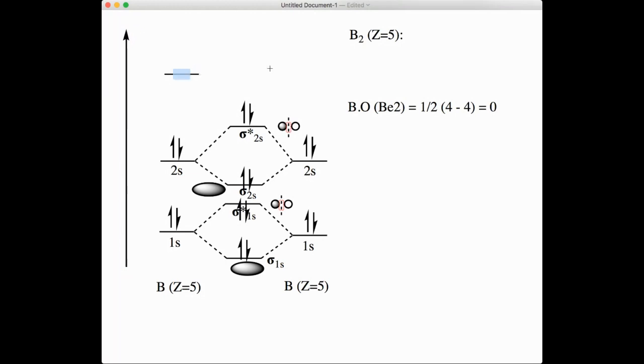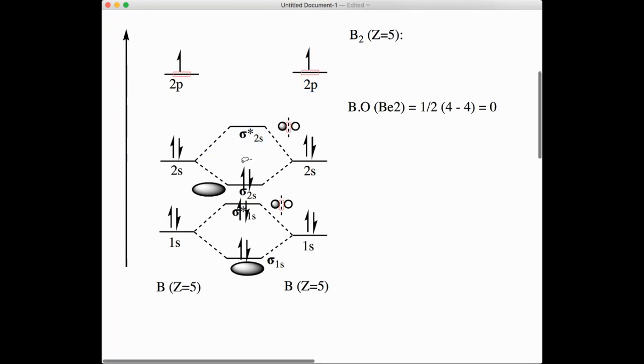So I'm going to say 2p1 here, and there will be only one electron in there. So that's a total of 5: 2, 4, 5. Right, that is correct.